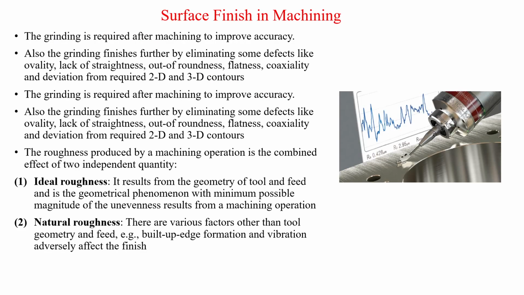Okay, so first of all, what is surface finish, and why is it required in machining? Whenever you do machining, say turning or milling or drilling, any kind of machining, your aim is not only to manufacture a product, but to manufacture a product with a good tolerance and a good finish, because ultimately you are manufacturing a product for some application.